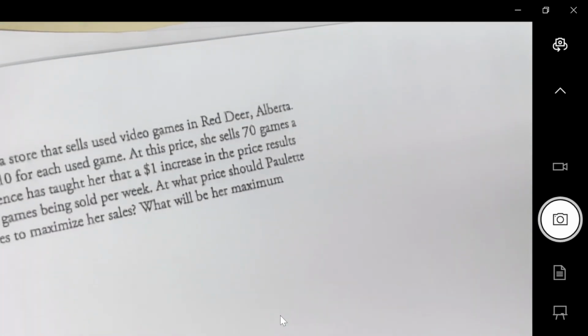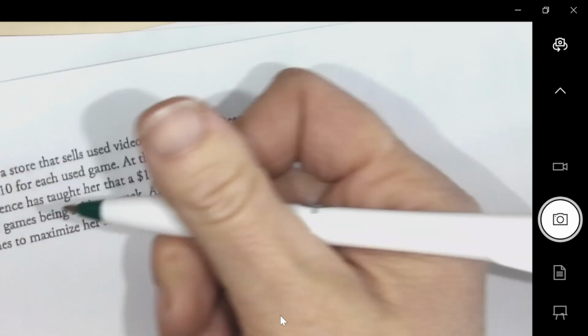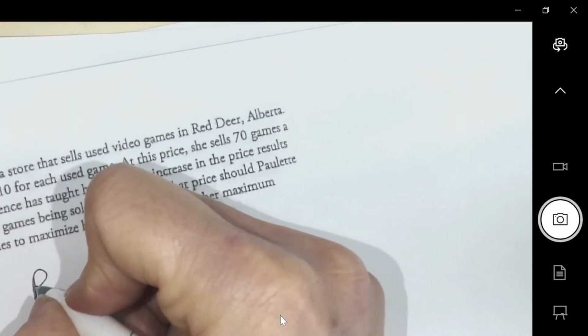Okay, last question, and then I'll let you try some on your own. Paulette, is that one in there? Okay, she owns a store selling video games. She charges $10 for each game, and she sells 70 games. So we're going to do this as a revenue.